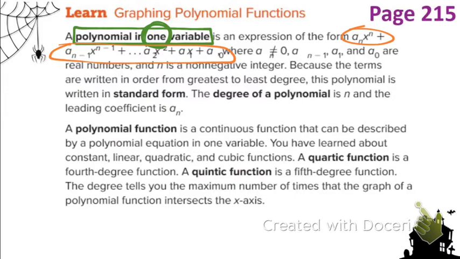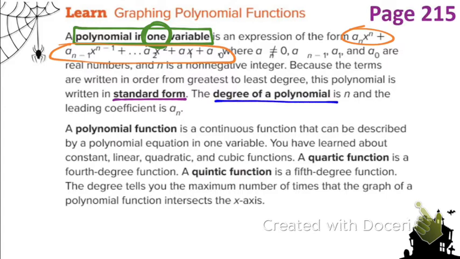That's all that notation is trying to tell me. This has been written in standard form. Standard form, again, means I start with the highest power at the front, and then it goes down in powers. So my exponents get smaller and smaller as I go further along in my polynomial.